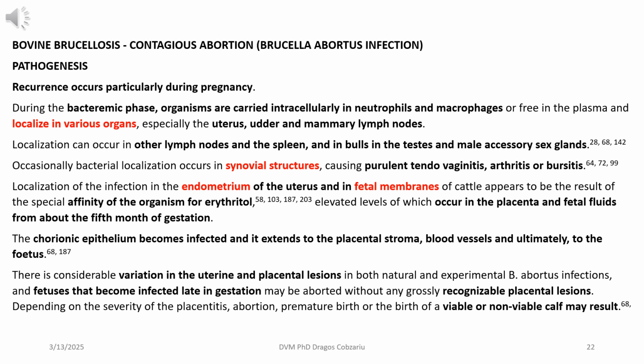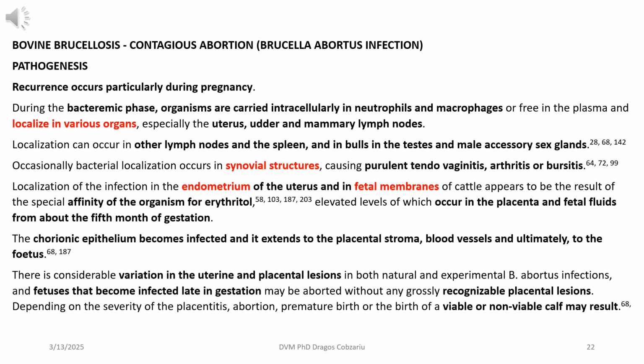Localization of the infection in the endometrium of the uterus and in fetal membranes of cattle appears to be the result of the special affinity of the organism for erythritol, elevated levels of which occur in the placenta and fetal fluids from about the 5th month of gestation. The chorionic epithelium becomes infected and it extends to the placental stroma, blood vessels and ultimately, to the fetus.